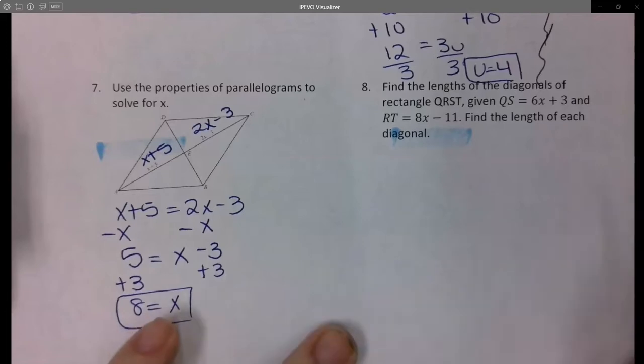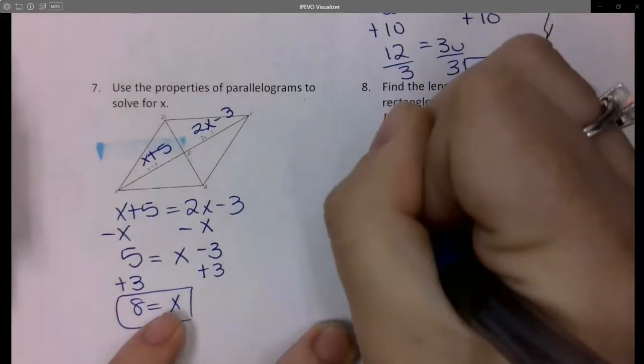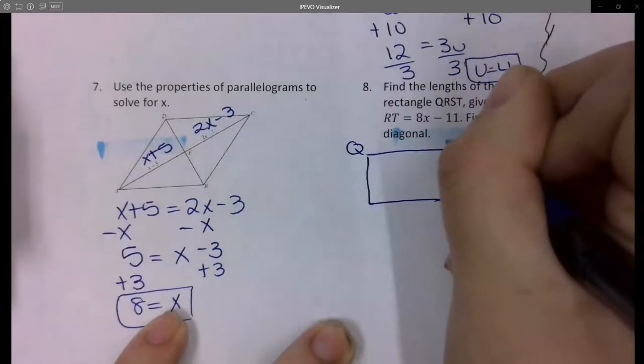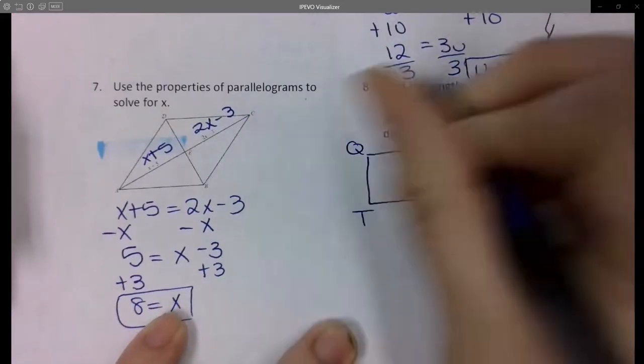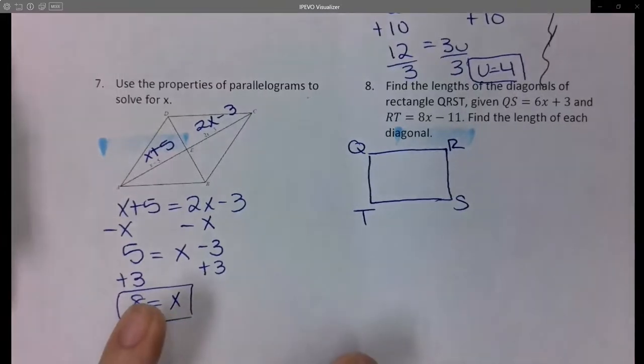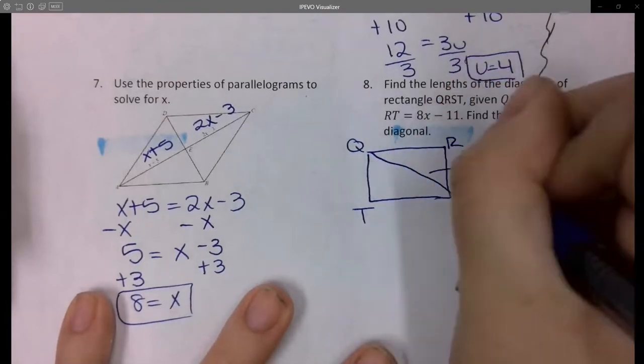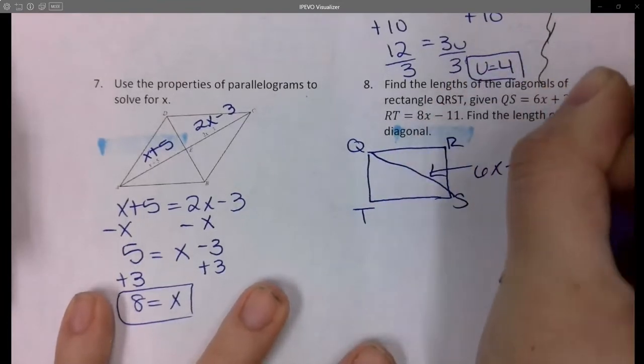The last one tells me I have a rectangle QRST. So you always label in a circle. It tells me QS is going to be 6x plus 3.